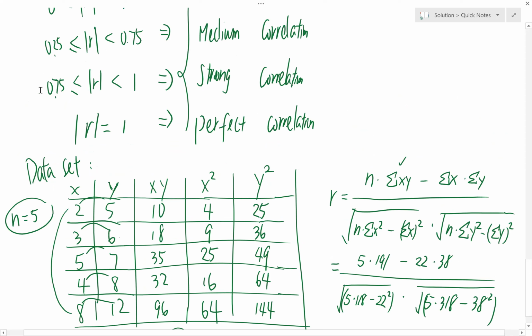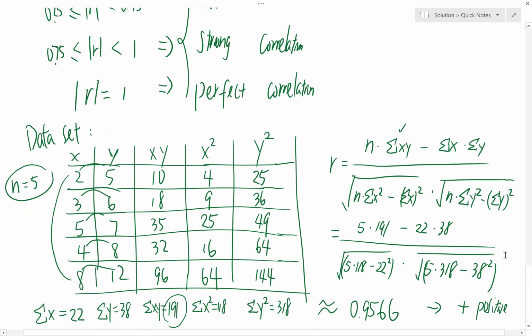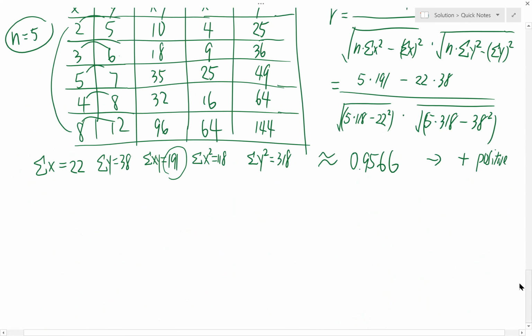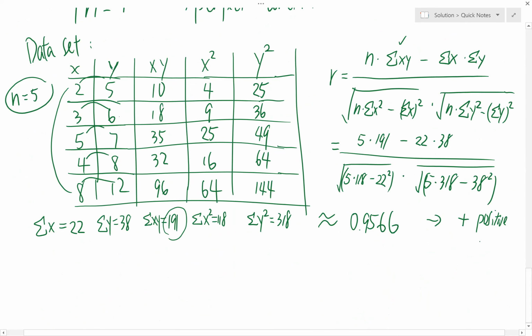It's in this interval here, right? Absolute value of the R is greater or equal to 0.75, less than 1. So that means we have a very strong correlation here. So the summary here is it's a positive, strong correlation. Just by looking at this value, we come up with this conclusion. Positive, strong correlation.